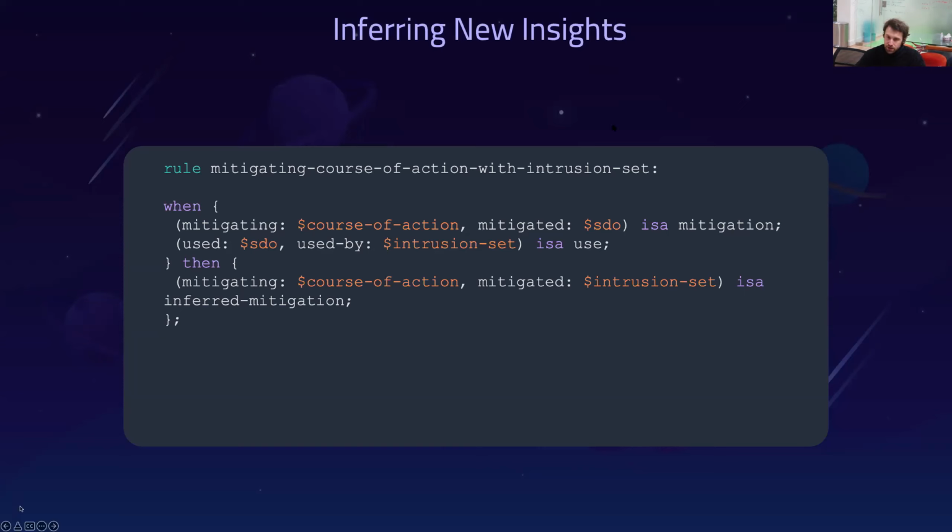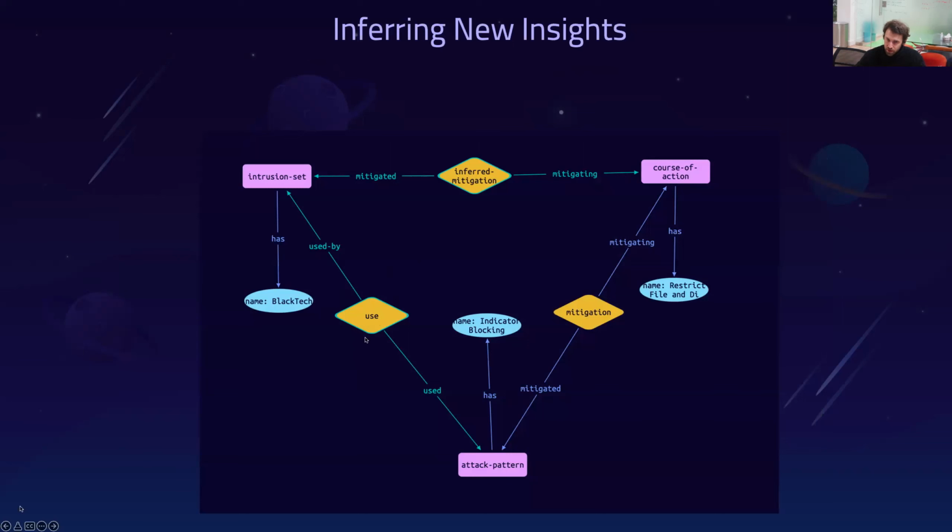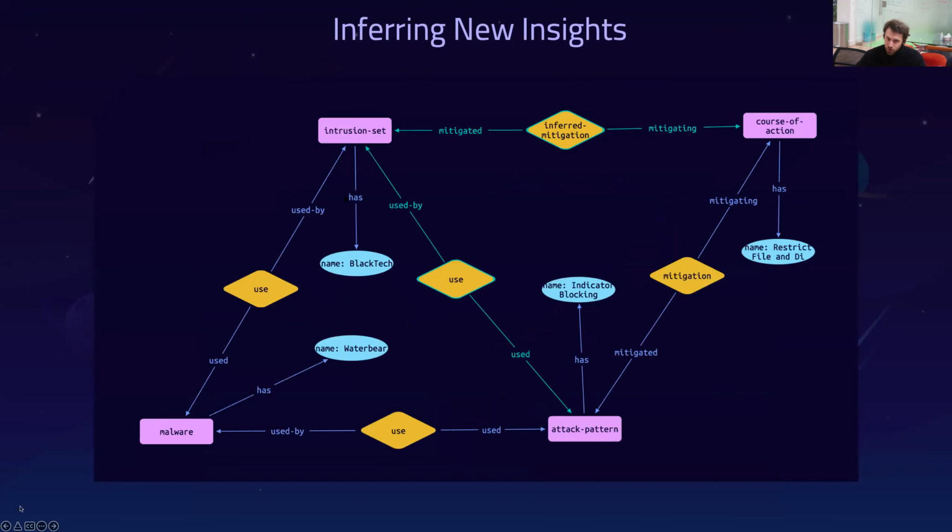But it gets more interesting when we look at the conditions of the rule. We also have inferences because this relation right here, this use relation between the SDO and the intrusion set, is also inferred. When we double click on it, we get this explanation. We see that this intrusion set is actually connected to the malware, and the malware is connected to the attack pattern.